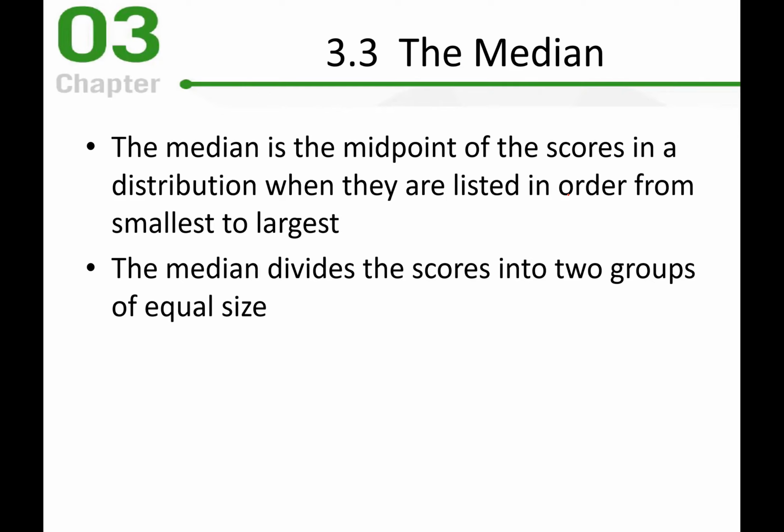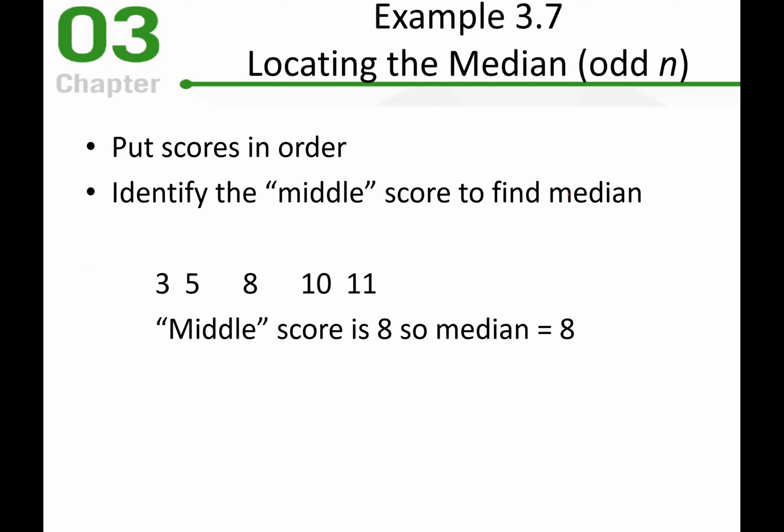Let's look at an example of this. If we have an odd number of scores, this is relatively easy. You're going to put the scores in order from least to greatest and identify the middle score to find the median. Like we did in grade school, the best way to do this is to systematically cross out scores once you've arranged them from smallest to largest.